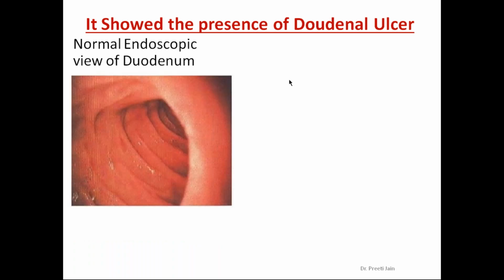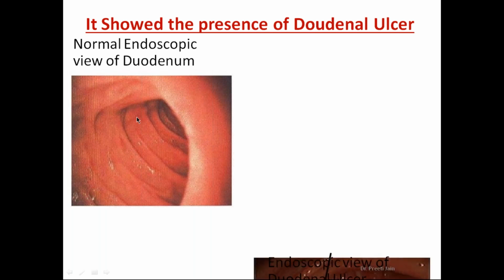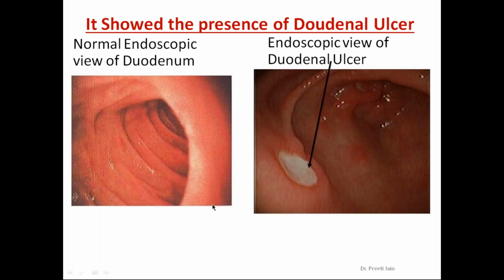This is a normal endoscopic view of the duodenum, where you can see that the mucosa is intact, and here you can see that there is an ulceration in the duodenal part. So this is the endoscopic view of a duodenal ulcer. This is how on endoscopic examination the duodenum of this patient would look, right?